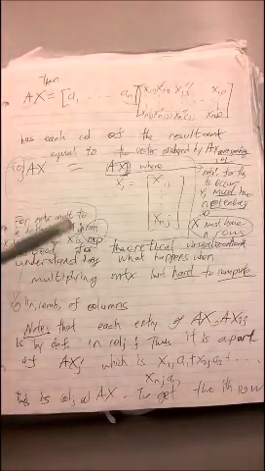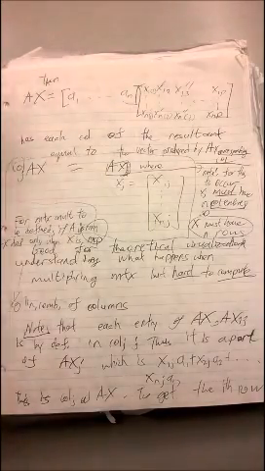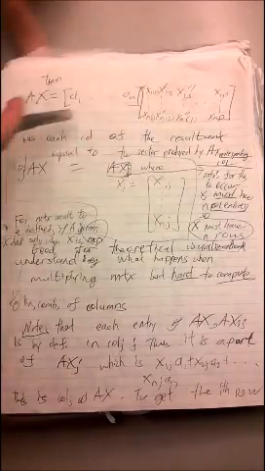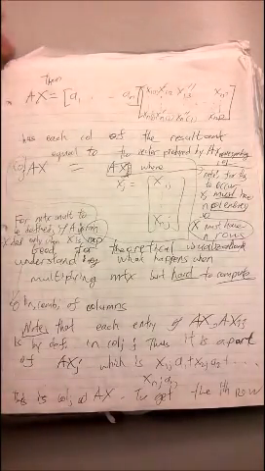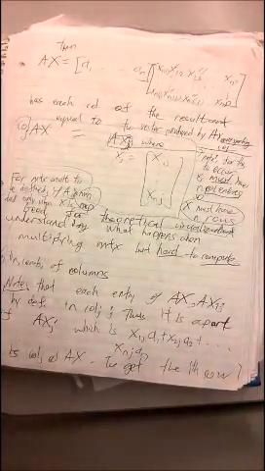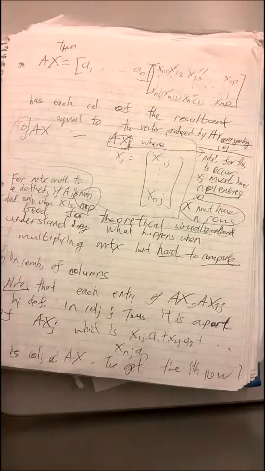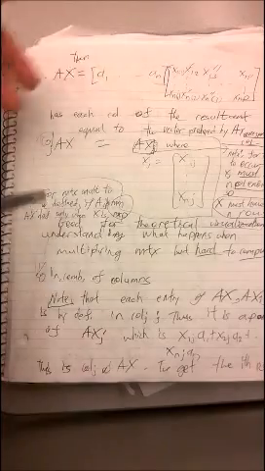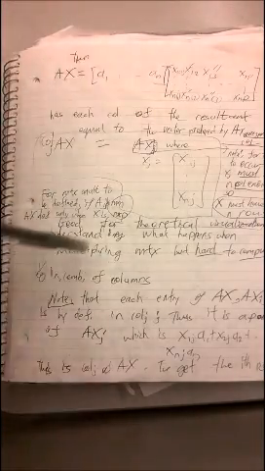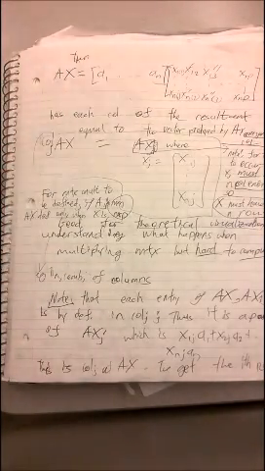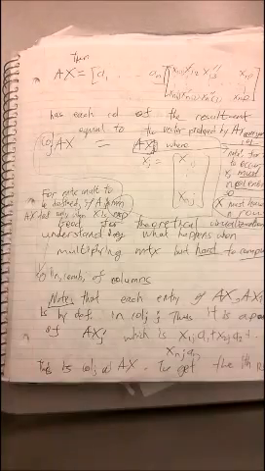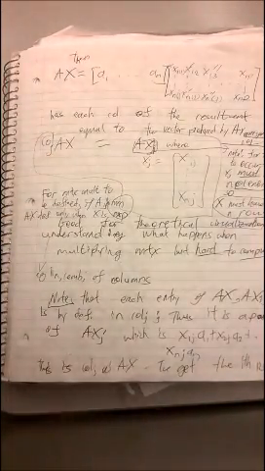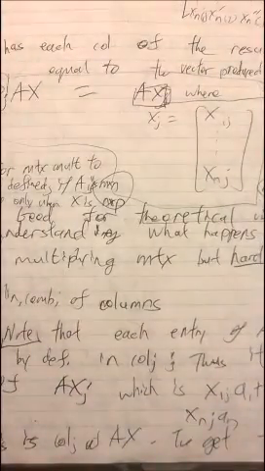So as a result, each column must have n entries, and that means there must be n rows in X. So if A is an m by n matrix, then AX is a defined operation only if X is n by p. p can be anything, but n must be the same n as before. And then we will see later on that the resultant AX is going to have dimensions of m by p.